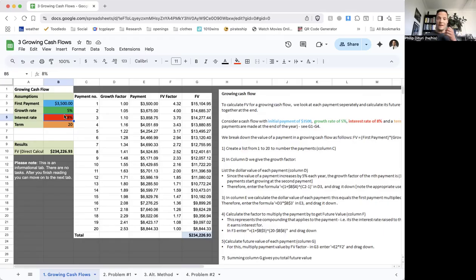You would need to do a little bit of algebraic manipulation to make sure that you have something that looks like something you can substitute into that formula. And then you'd end up with something that looks like this. And you would get this answer that at the end of the day, you're going to end up with $234,226.92.